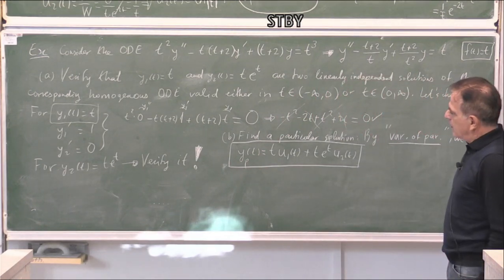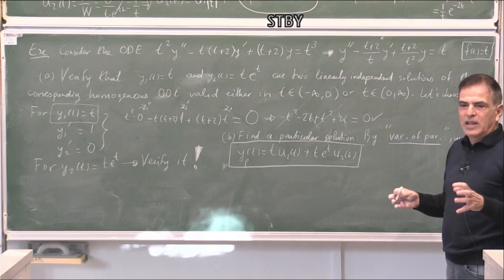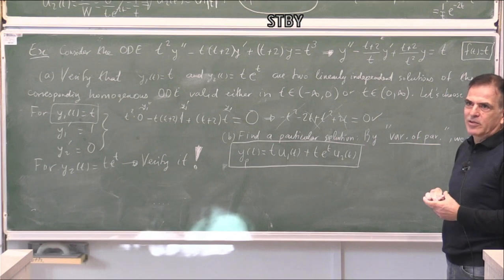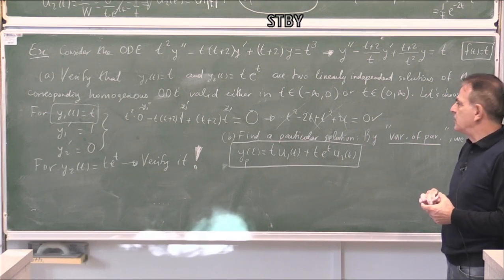So when we integrate u1 prime and u2 prime, we take the arbitrary integration constants as 0.